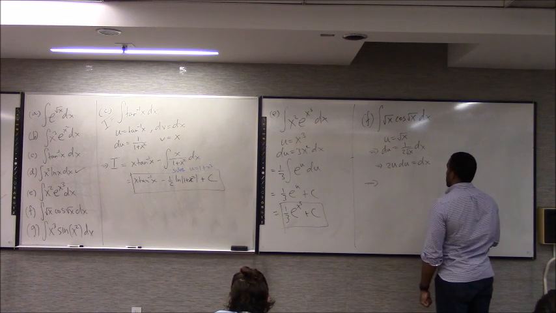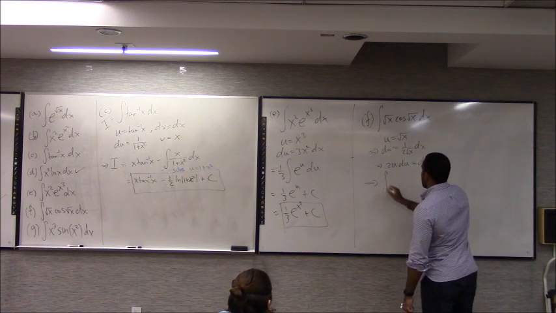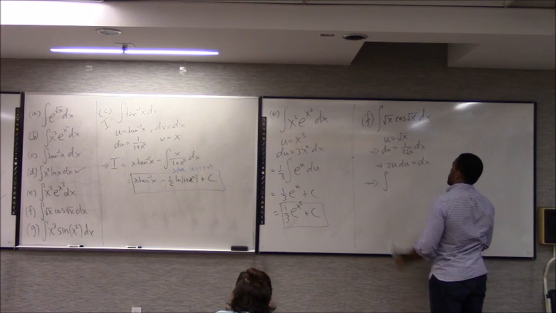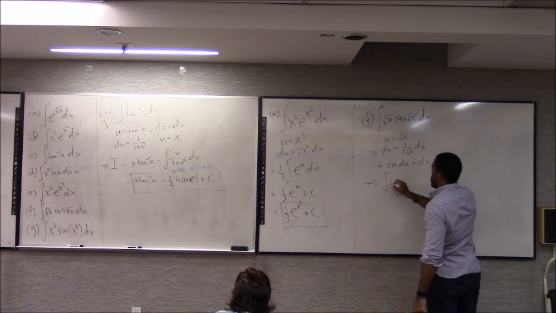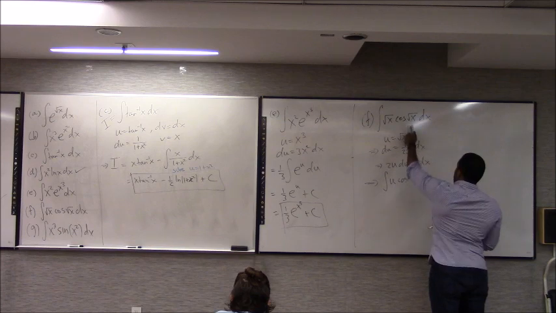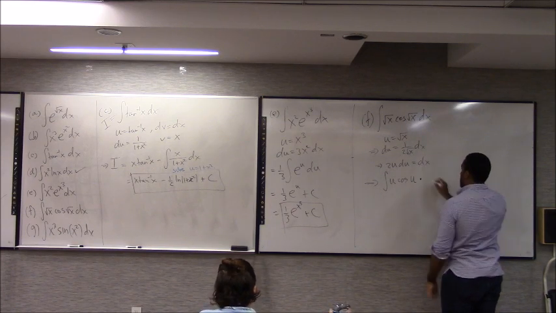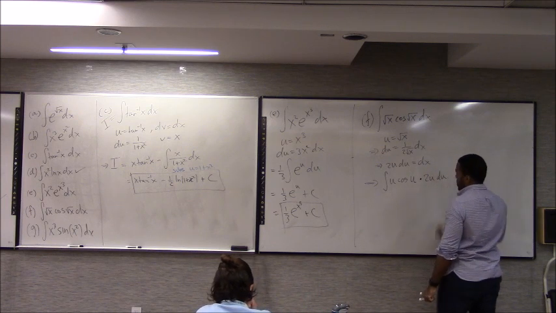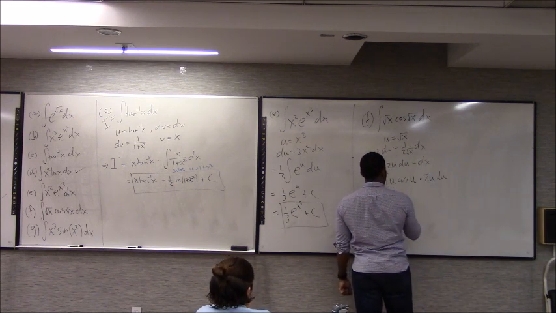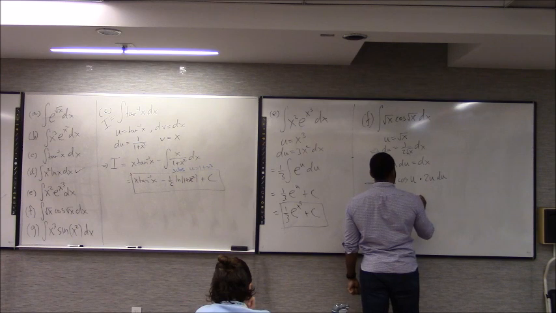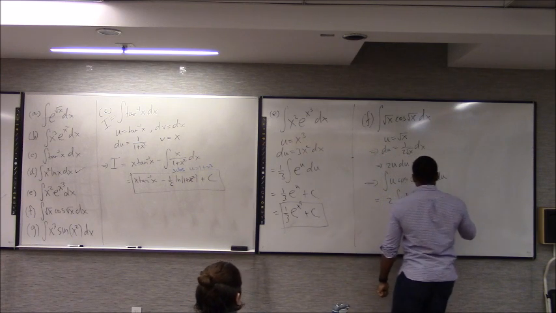So now what would we have? We would have the radical x is a u, radical x here is a u, times the dx is a 2u. And so what we end up with is 2 times u squared cosine u du.